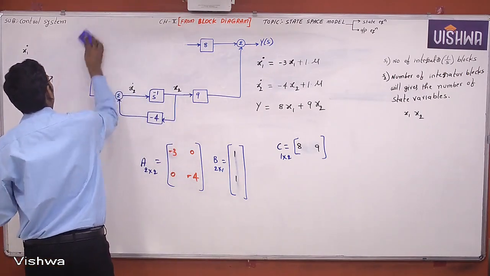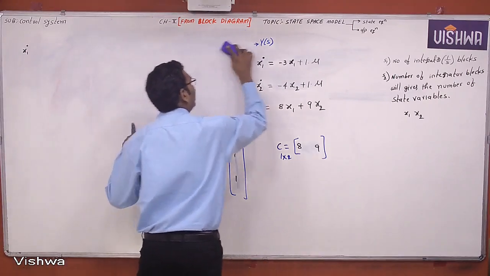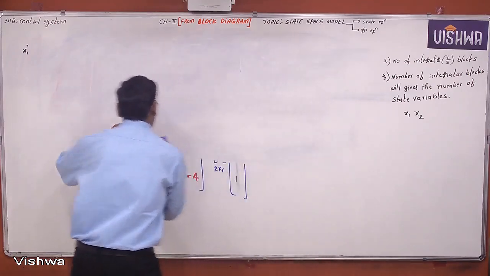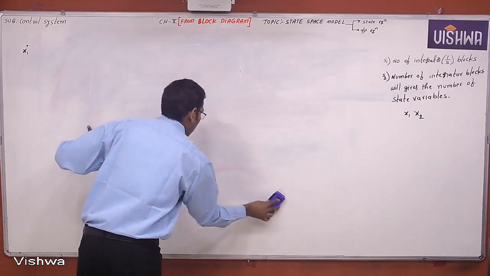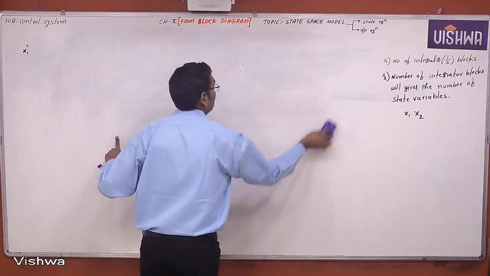So if any block diagram is given, first identify the number of integrator blocks, identify the number of state variables, and write the state equation and output equation, state matrices A, B, C.